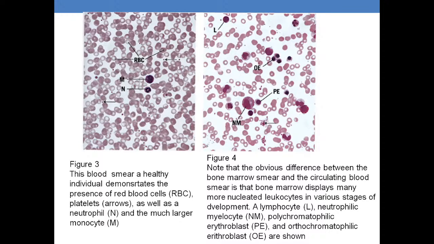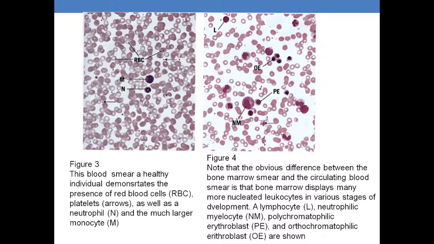Figure 3. This blood smear, from a healthy individual, demonstrates the presence of red blood cells, platelets, as well as a neutrophil and the much larger monocyte. Figure 4.